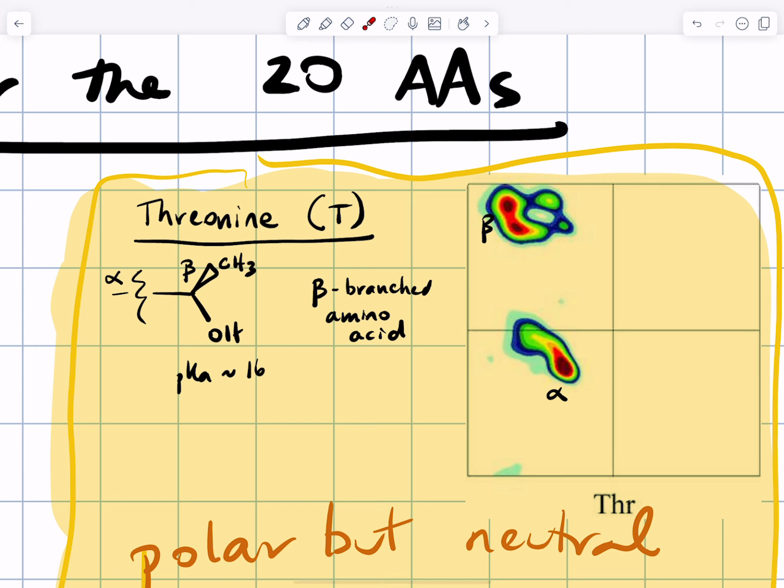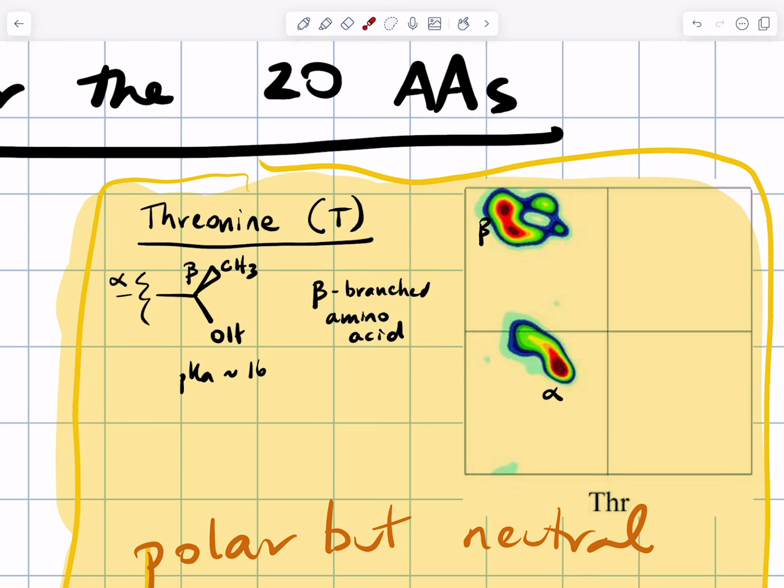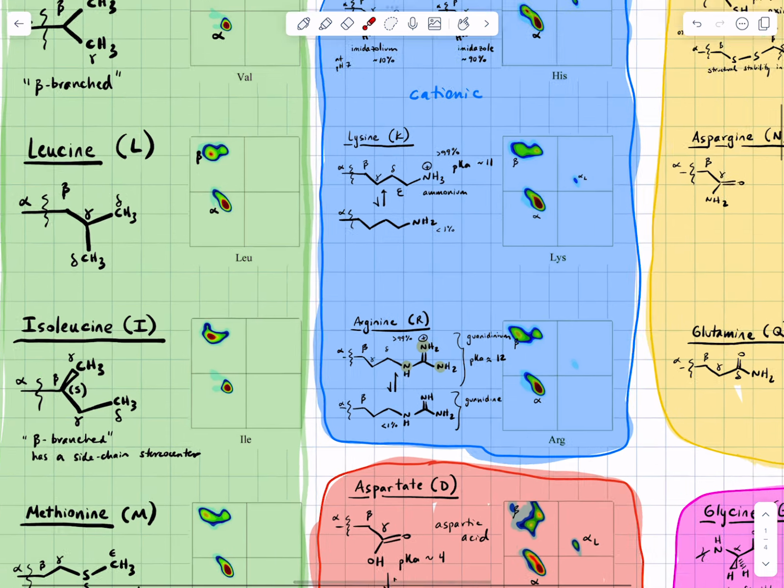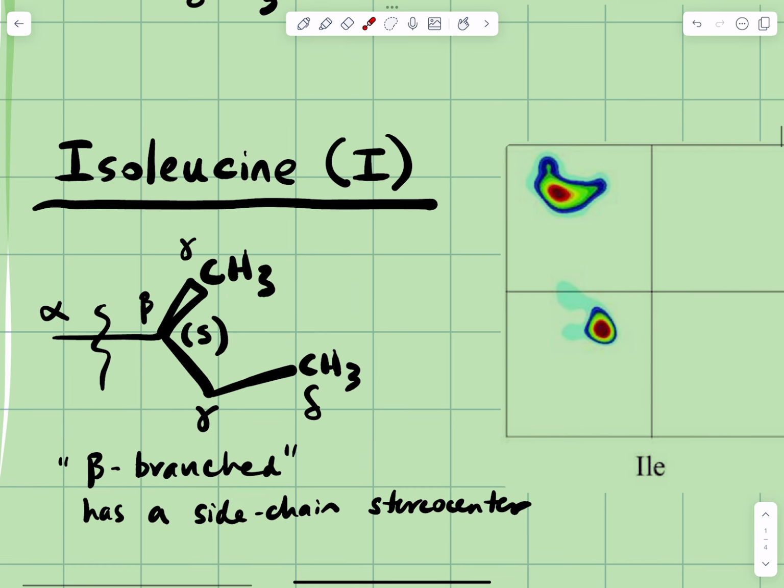So you could infer a somewhat general principle that amino acids that have branching at the beta carbons are frequently found in beta sheets, and that's true. There's one more amino acid that has branching at the beta carbon, and that's isoleucine. And you can see that, like valine and threonine, it's pretty comfortable in a beta sheet.